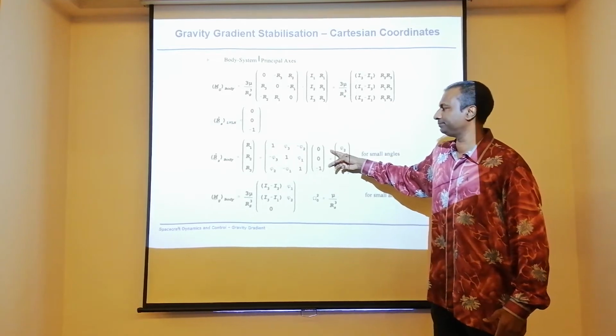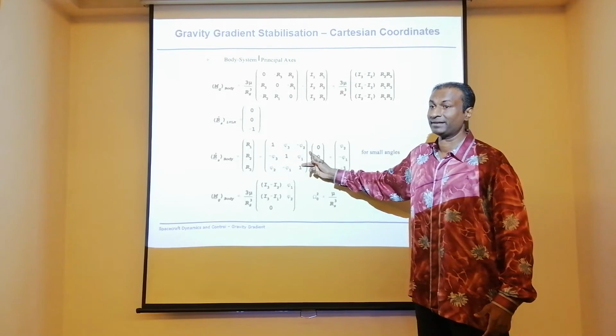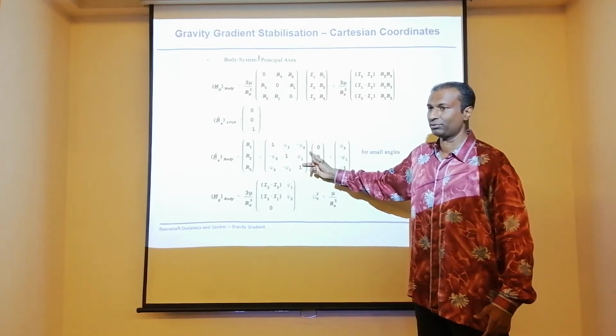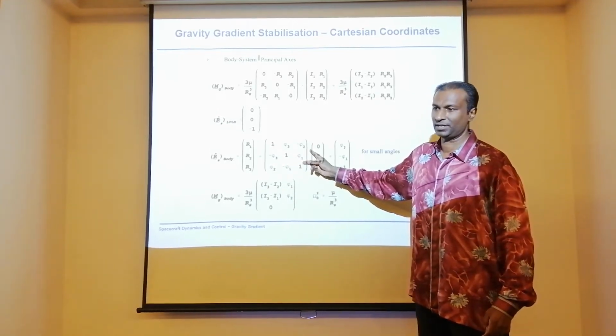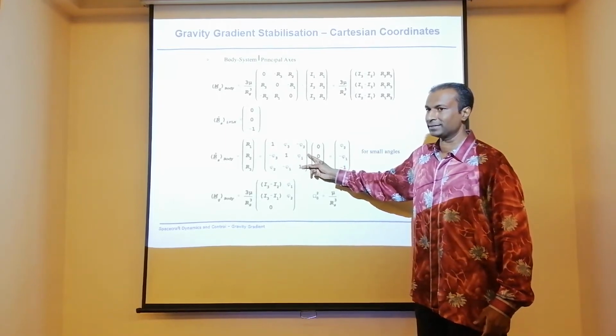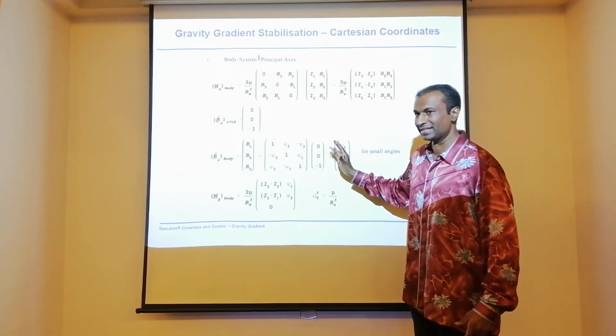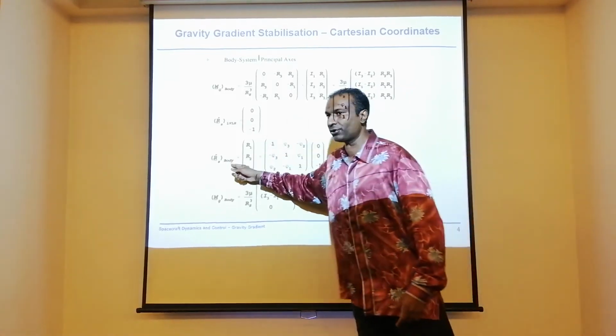Now this is a unit vector, 3 by 1. Conveniently, I'm using the matrix which we have used before for our Euler equation of motion to express local vertical, local horizontal coordinates in body coordinates.